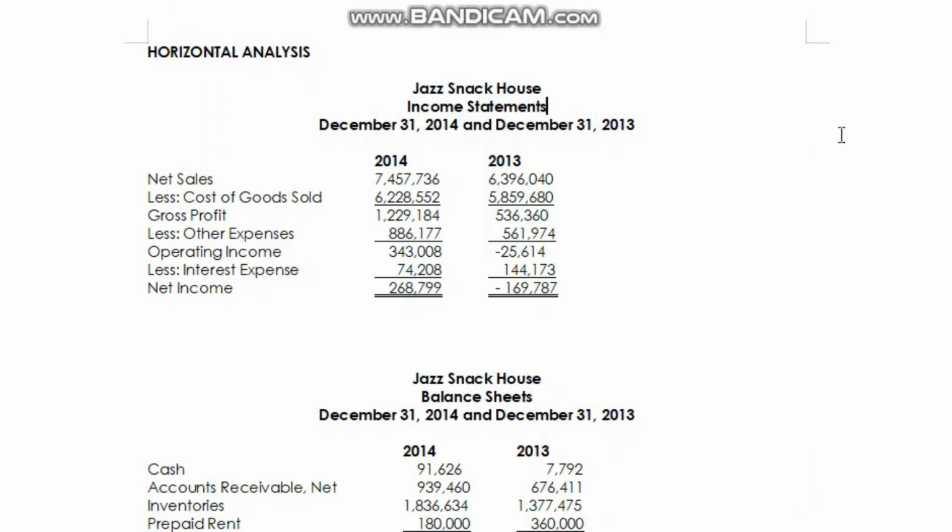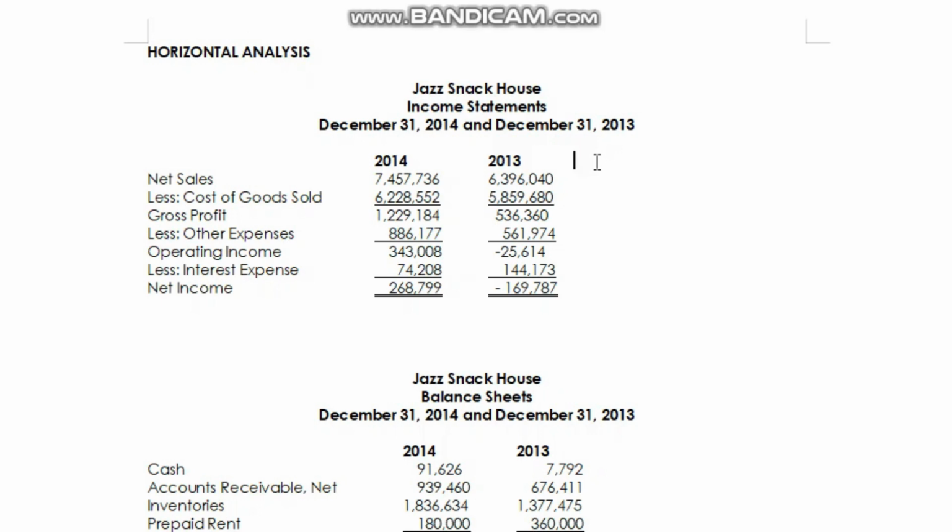For the horizontal analysis, I will be computing only two items, and then you can do the rest for your practice test. Remember, horizontal analysis or trend analysis involves comparing amounts in financial statements of two or more consecutive periods. In this illustrative example, we're going to compare 2014 and 2013 income statements and balance sheets.